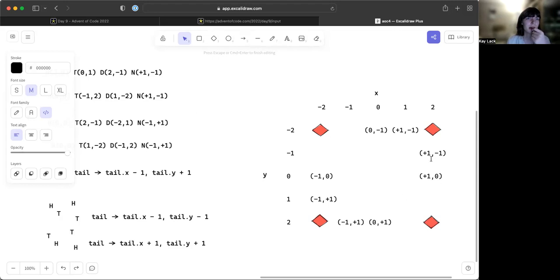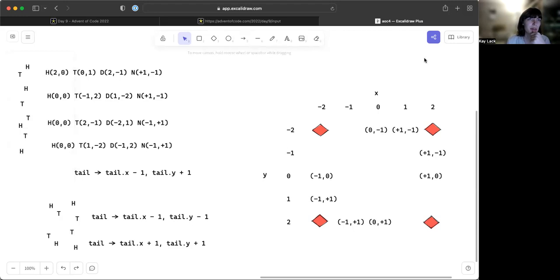Yeah. These are fine. These match the pattern. These two are the right place, I think. -1 +1, -1 +1, +1 -1, +1 -1.